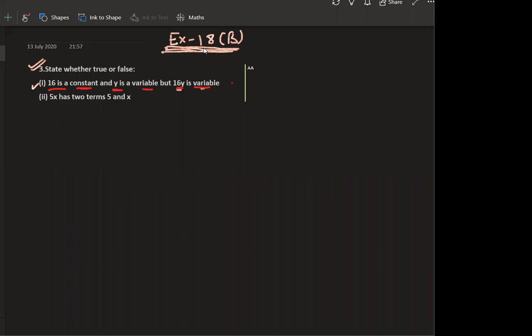Yes, it is true. This is very simple because I have told you that only a number is always constant and any alphabet is a variable. But if any number is coming with a variable, then it becomes a variable. So this statement is true.